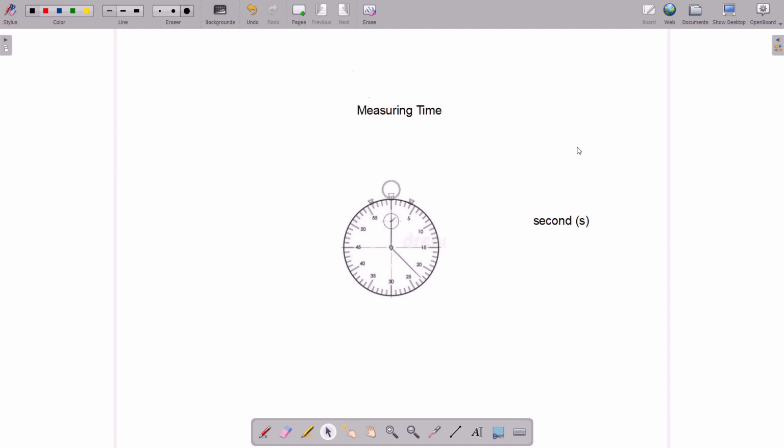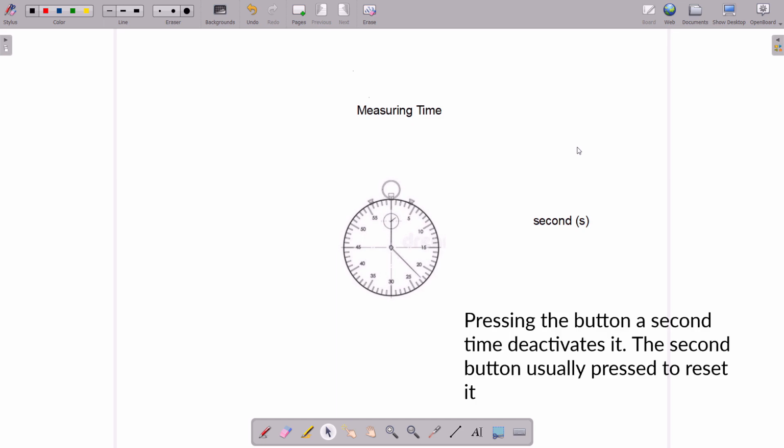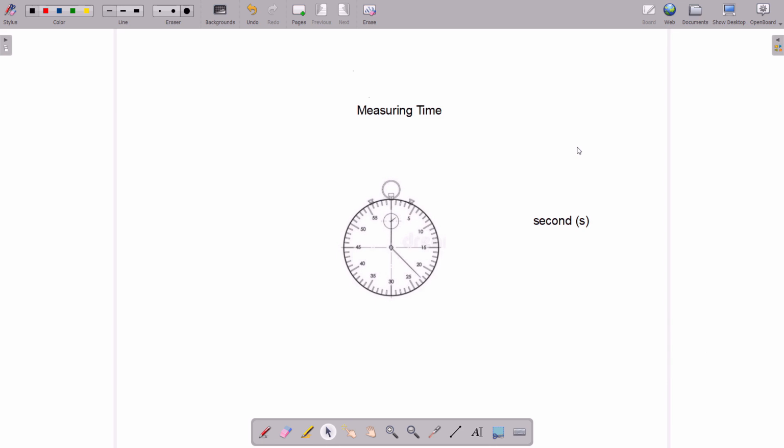But what you see here is an analog stopwatch. So we activate it or press a button at the top. For an analog stopwatch, we have a needle running across the surface of the watch. So once it is activated, we have it move from one point to the other until we deactivate or stop it. Then we can read our time. For a digital stopwatch, it works in the same way.